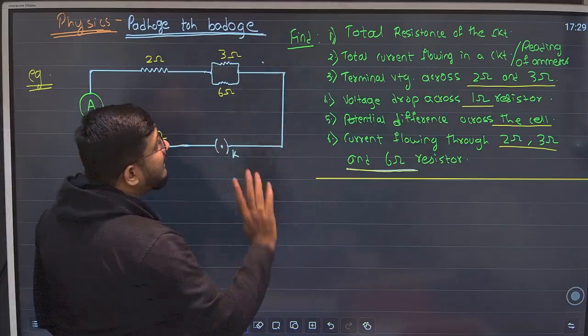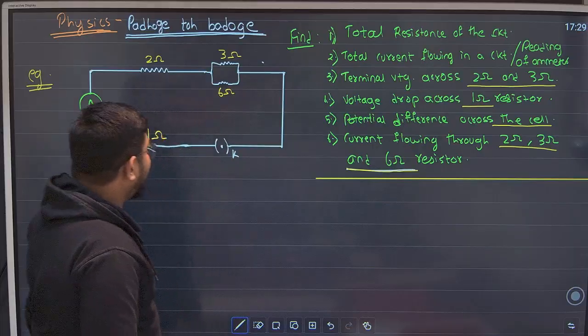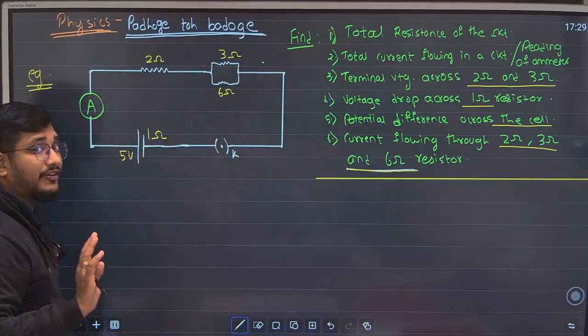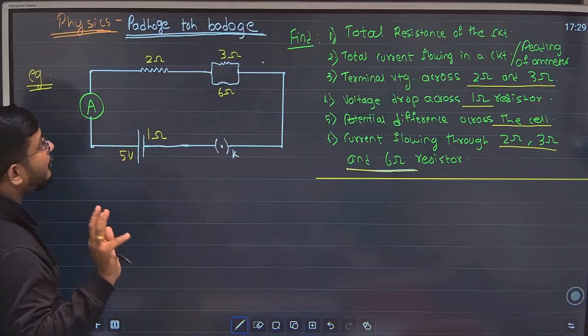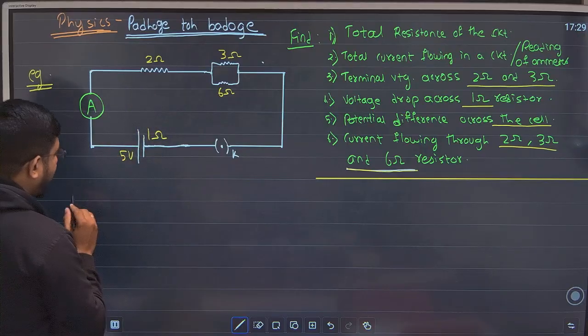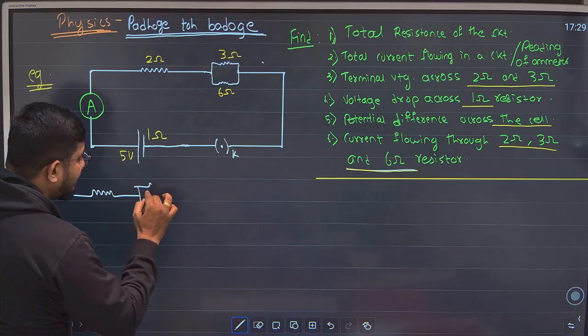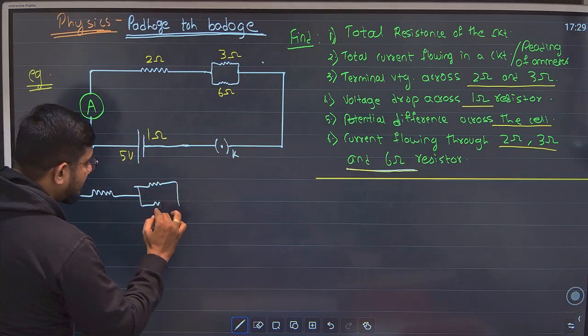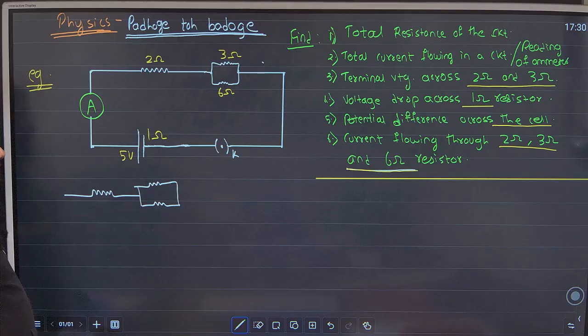First, they are telling you to find the total resistance of the circuit. You can solve the 2 ohm, 3 ohm and 6 ohm easily. But what about this ohm?